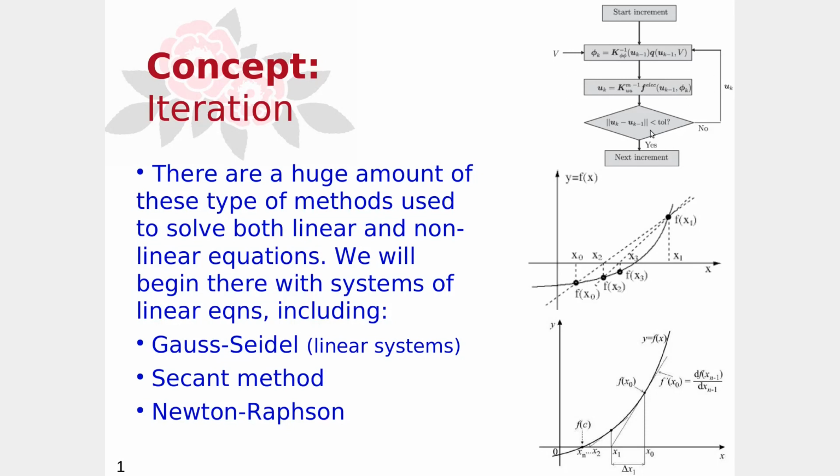We then ask, is the solution within a particular tolerance? If the answer is yes, then we do the next increment. If it's no, we'll then change our criteria, our value again, to get a closer approximation for each solution that we need to find.